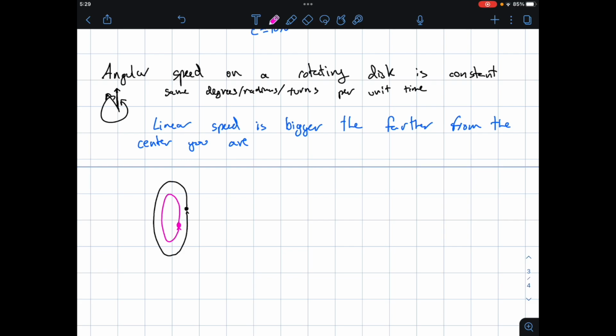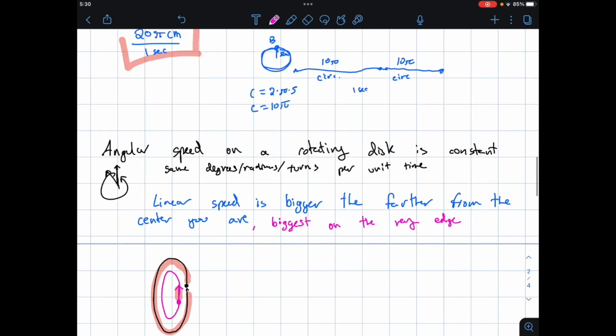And that diagram's not necessarily perfect. Actually with tracks, you both cross at the same finish line, so they end up having this extra distance right here to make up for the fact that this path is actually longer all the way around. So linear speed ends up having to be bigger the farther from the center you are, with it being greatest in magnitude on the very edge.